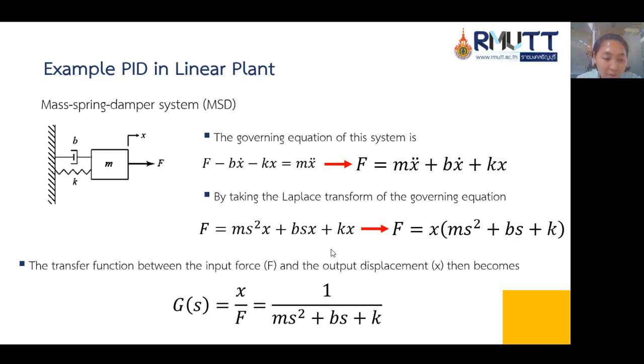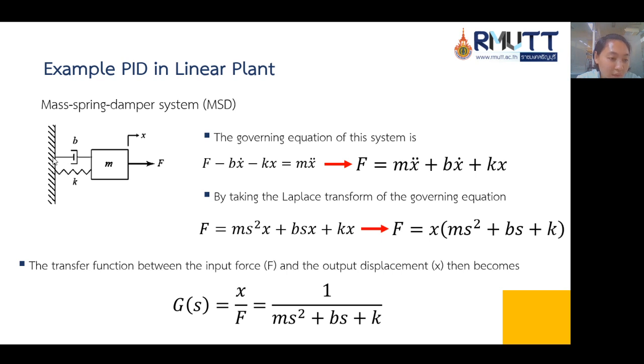And then the transfer function between the input force F and the output displacement X then becomes 1 divided by (m times s squared plus b times s plus k).